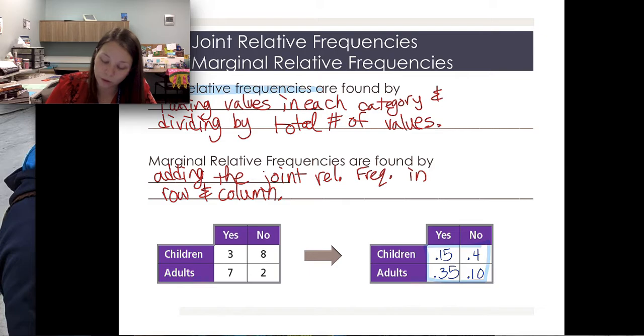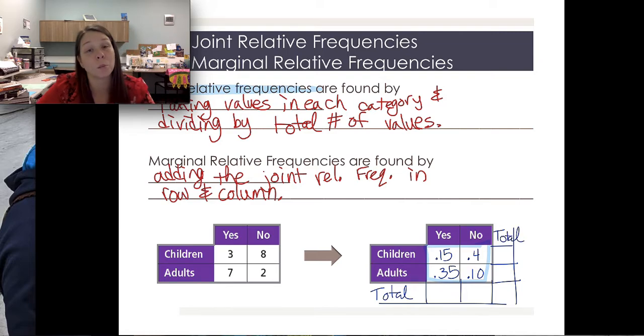The marginal relative frequency is if we were to extend this table to now include totals for each column and row. So if I take 0.15 plus 0.4, I get 0.55. 0.35 plus 0.10 is 0.45.